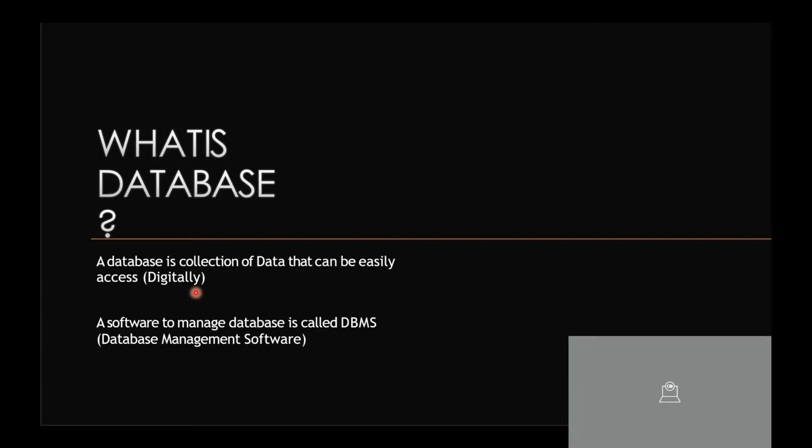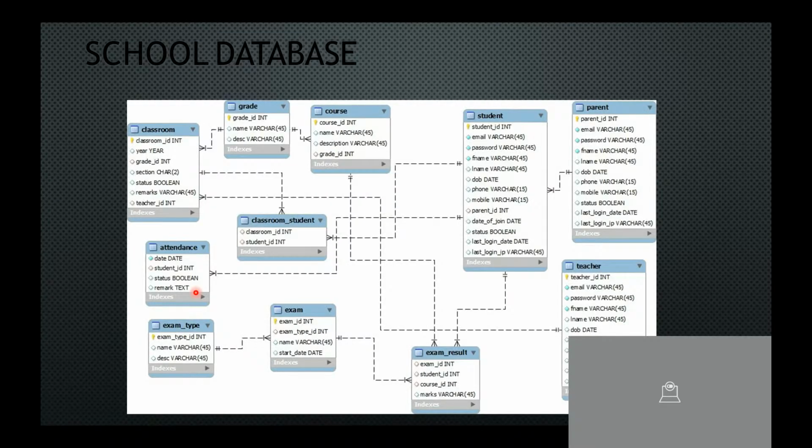Next, as we have discussed the database, how is a database organized? Take a classroom database. In a classroom there is a year, grade, section, remarks, and teacher. The grade database and course database are these, and the student database. A student has an ID, roll number, unique email, and other things.